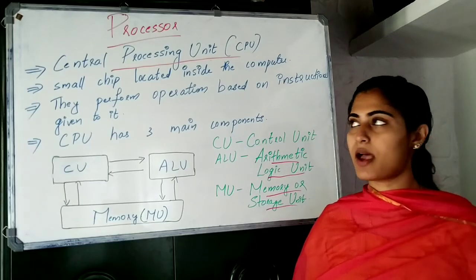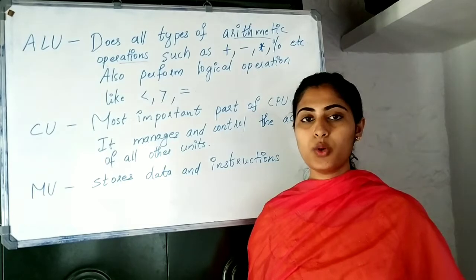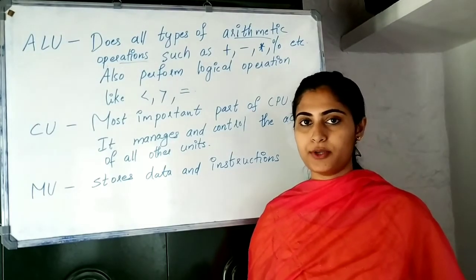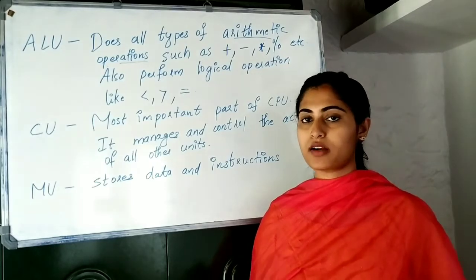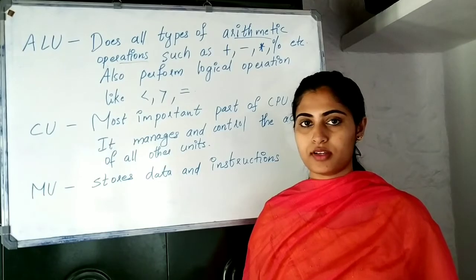So this is about processor. Now we can see what operations these three parts of the CPU do. First part is ALU, the arithmetic logic unit.